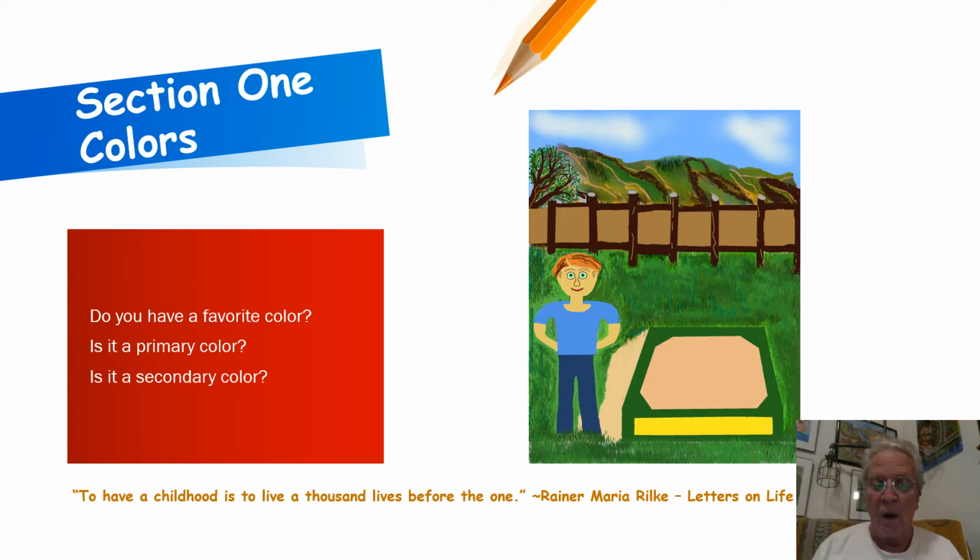But before we do that, take a few seconds and think about what your favorite color is. Keep it in mind because you're going to find out pretty soon if it's a primary color or a secondary color. I have a feeling that we're going to look at primary colors first.